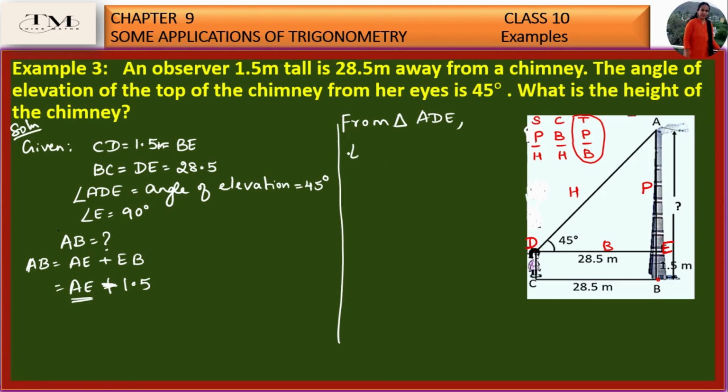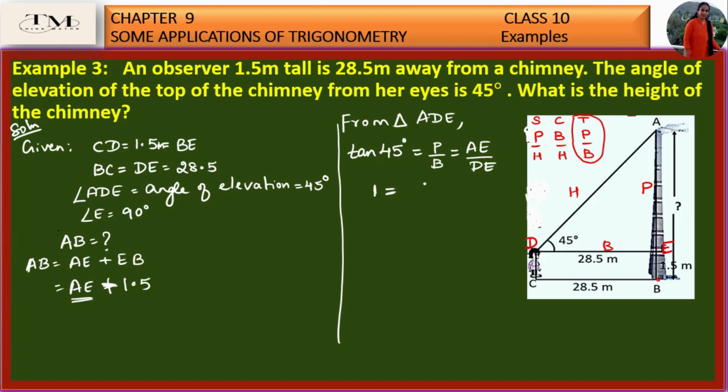So tan, what is the angle of elevation? 45 degrees. So tan 45 degrees equals perpendicular by base. What is the perpendicular? AE. Base is DE. Tan 45 is 1. You all should remember the trigonometric table to write the values of tan 45, sin 30, sin 60, those values. Okay children?